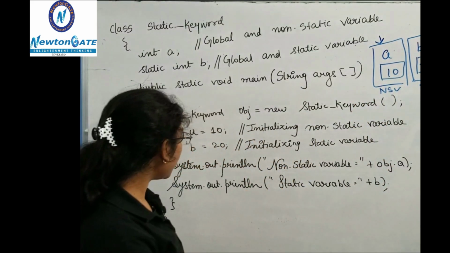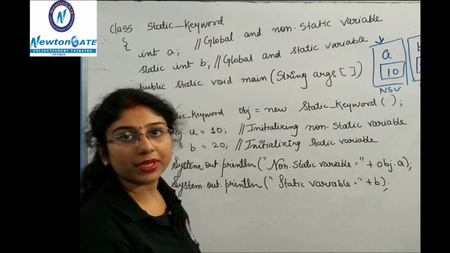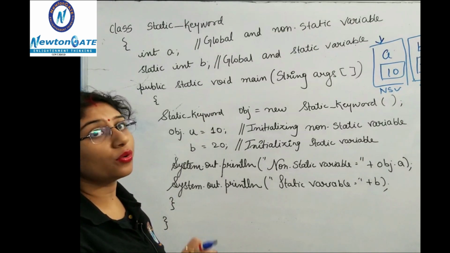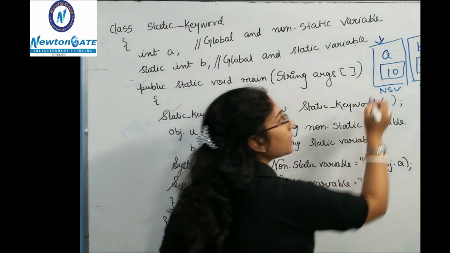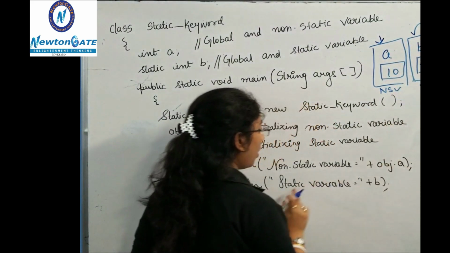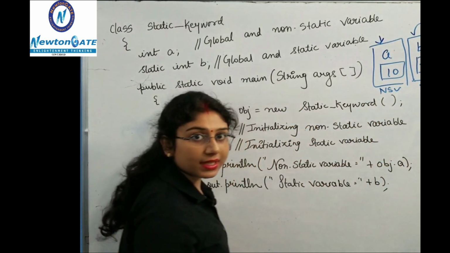Now moving to the next line, System.out.println static variable equals, then plus b. As it is a static variable, we don't need an object to access it. So it will print static variable equals 20. Is it clear to you?